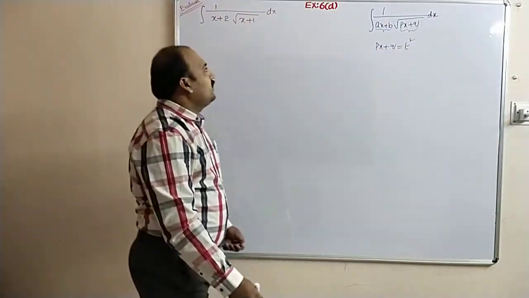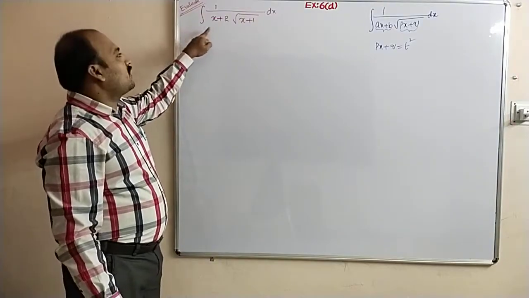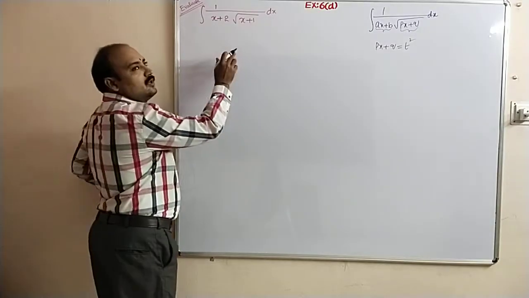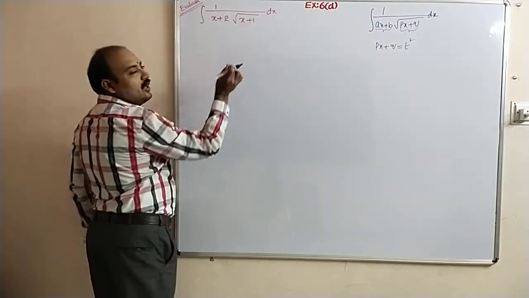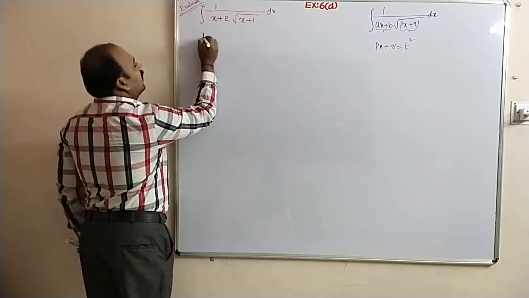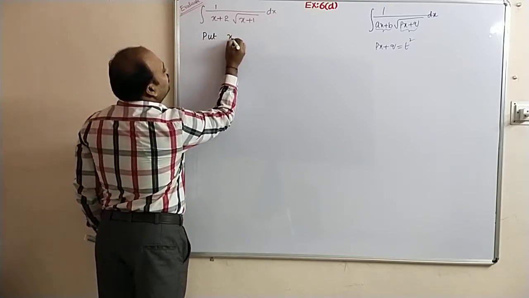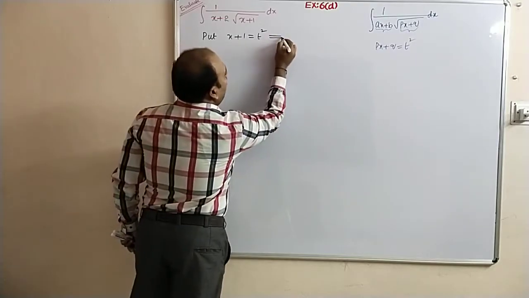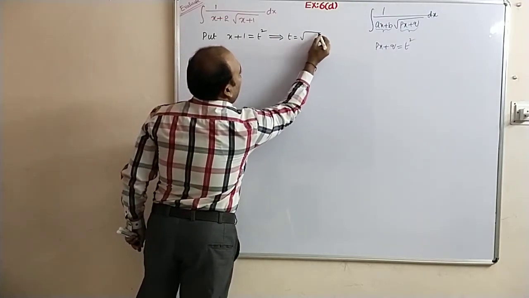So, evaluate the integral of 1 by x plus 2 into square root of x plus 1 into dx. According to this procedure, we can take the under root value as t square. So put x plus 1 equal to t square, which implies t equals square root of x plus 1.